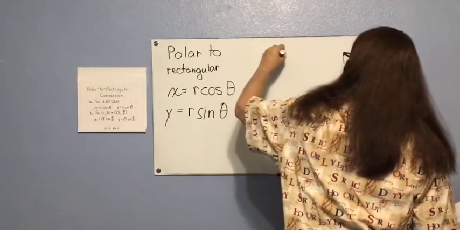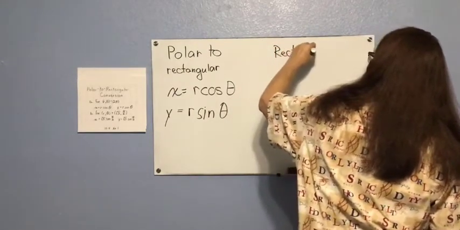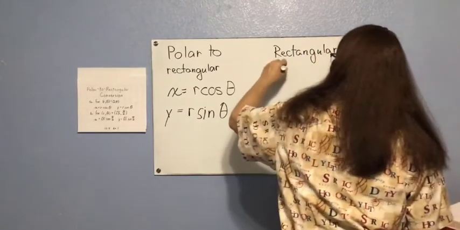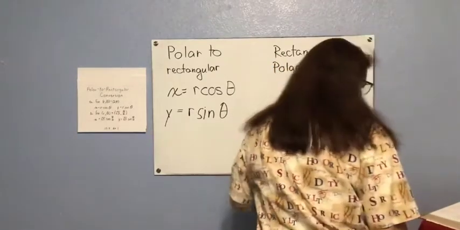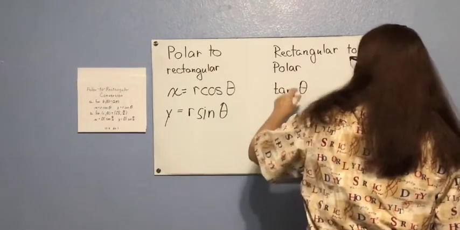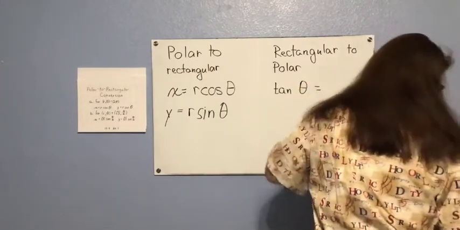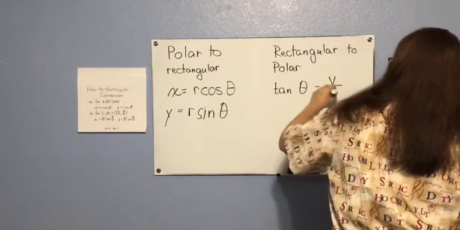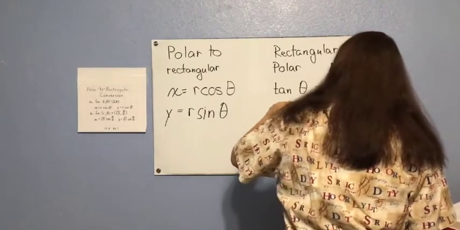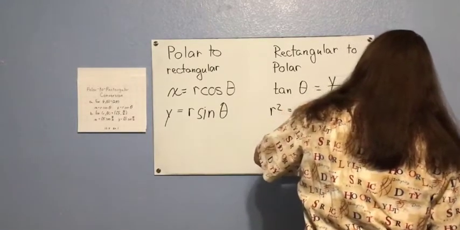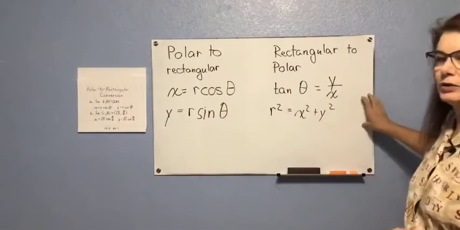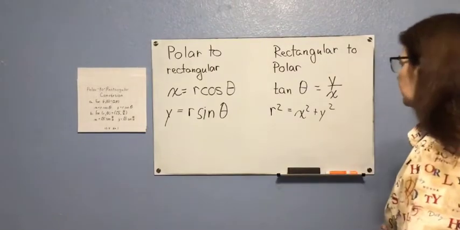If I want to go from rectangular to polar coordinates, I need to remember that the tangent of theta, so sine over cosine, is equal to y over x, and that r squared is equal to x squared plus y squared. So those are our conversion factors for both directions.